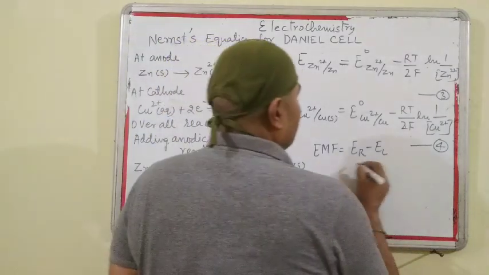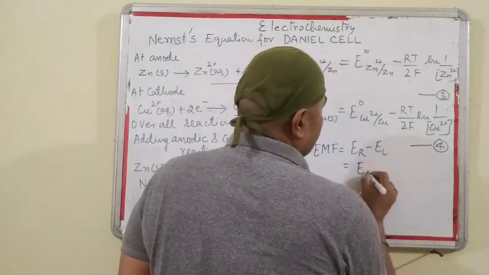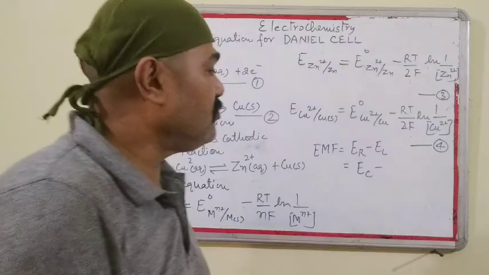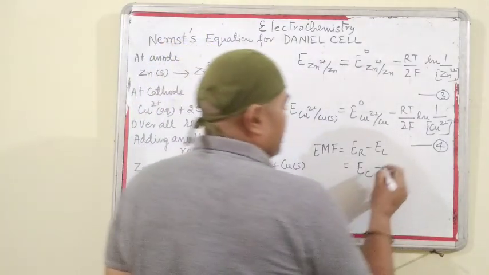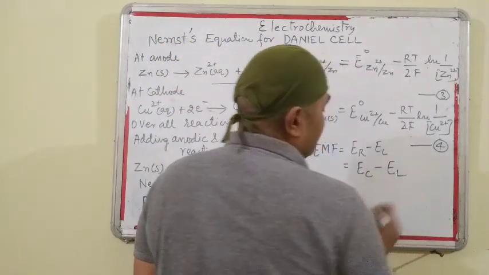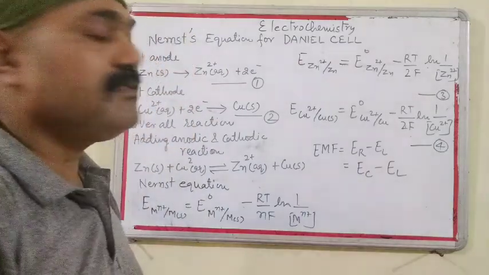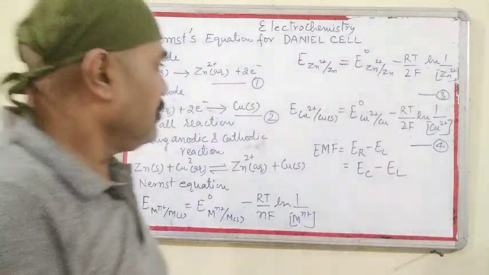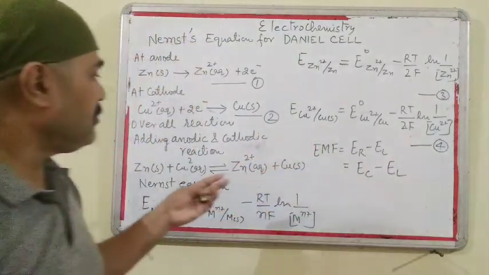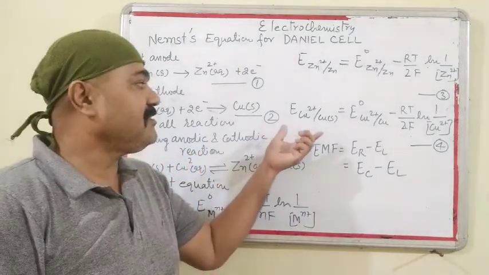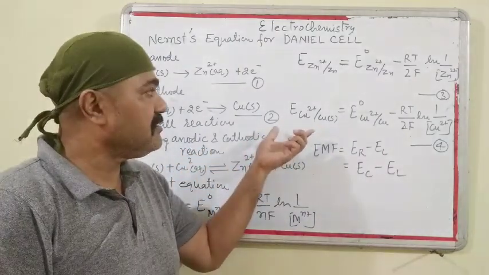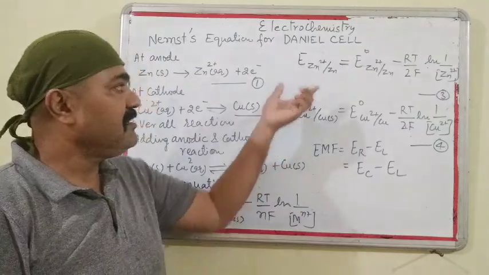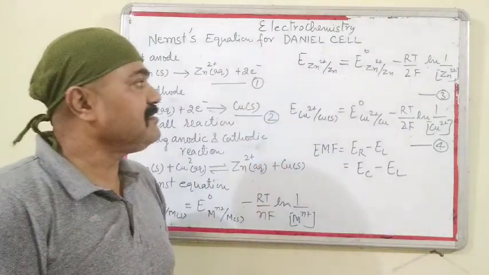The right section is known as the cathode, so this may also be written as EC minus EL. On the right side the copper sulfate is there, and on the left side the zinc is there.